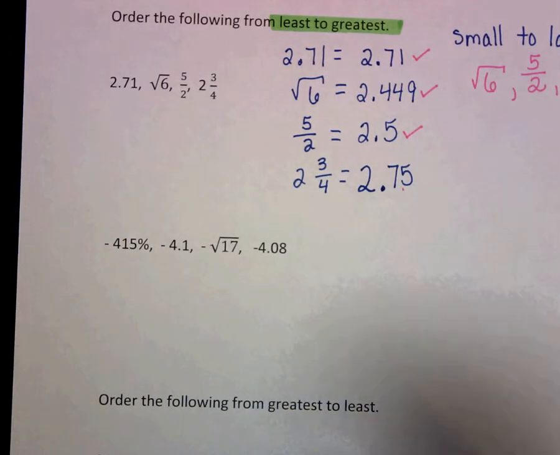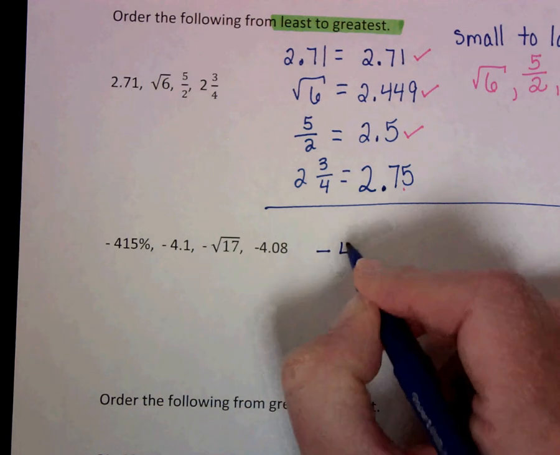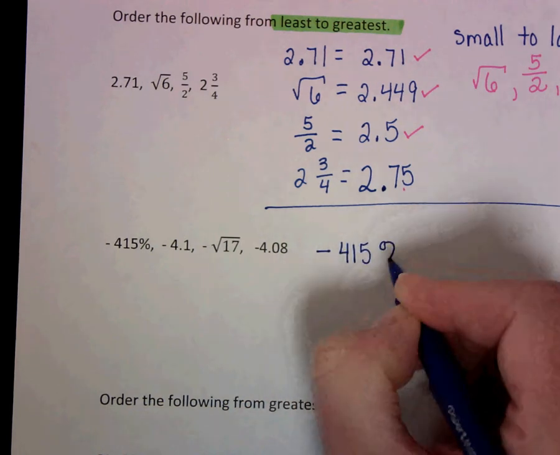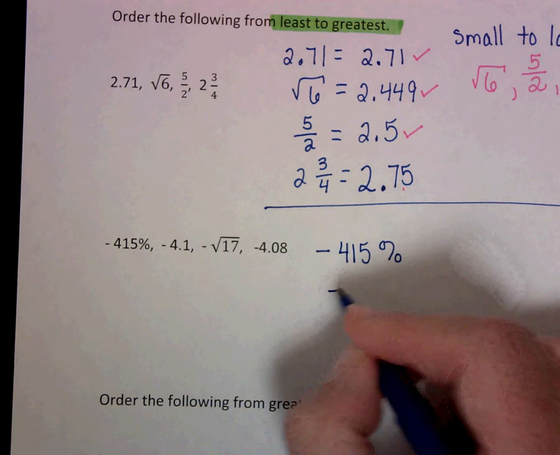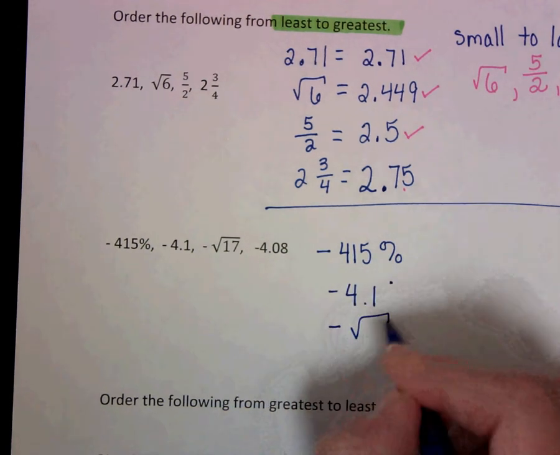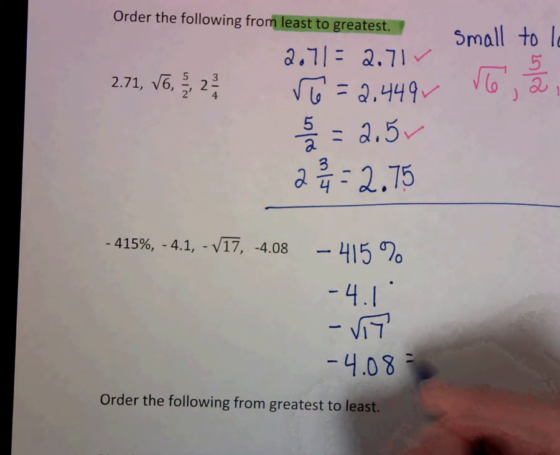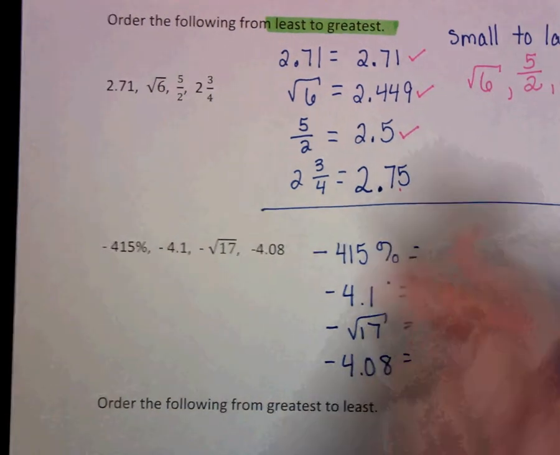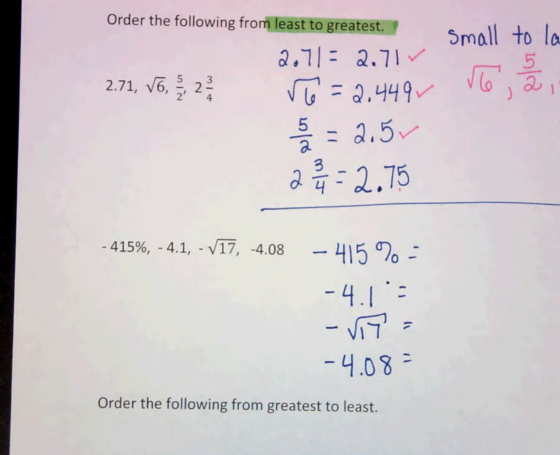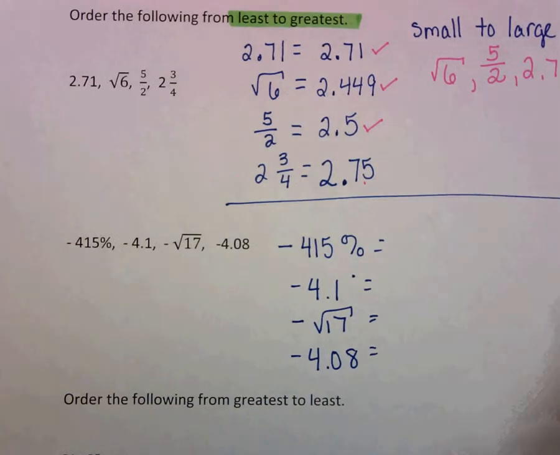We're going to do the same thing with our next list. We have negatives, so we're going to be really careful. I'm going to list all my numbers out so that I can see them again. And we're going to change these. Now this percent, remember we talked about the other day that percents are always out of 100.